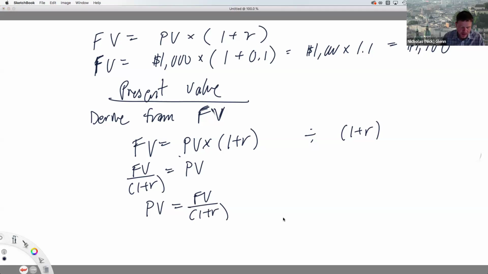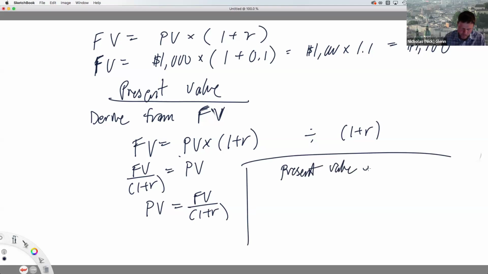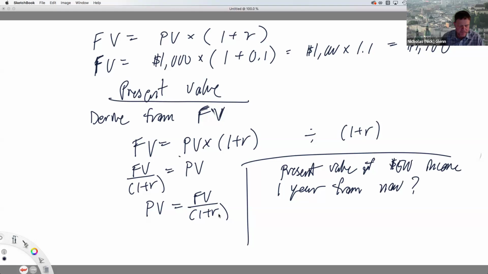So the question we'll answer here: what's the present value of $500 in income 1 year from now? We'll use this present value formula with the same interest rate, 10%. We'll say this is the going rate for borrowing and things like that.